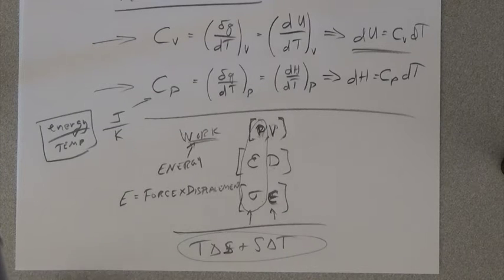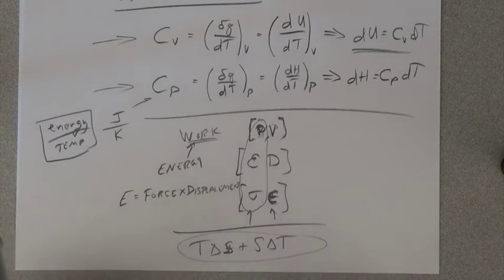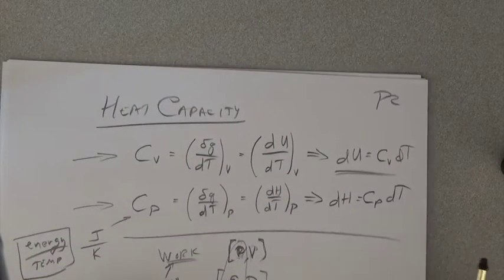In that case, you can think of your temperature as being a force, and you can think of your entropy as actually being some type of displacement. I guess it's a displacement in disorder of sorts. But it's a handy way to think about these pairings.